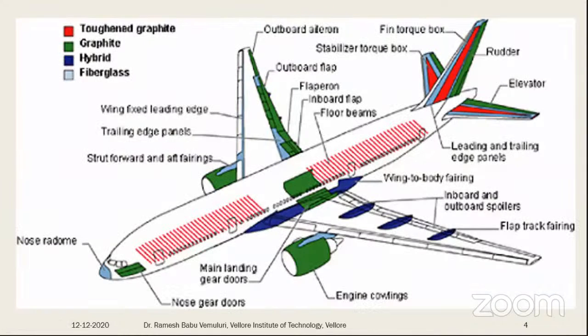First, we'll see the aerospace application where we can observe various things, various application perspectives. Here you can see, in the vibration perspective, these wings and these places have a lot of scope for vibrations. Here, in the wings and the tail portion, majorly strength is needed.